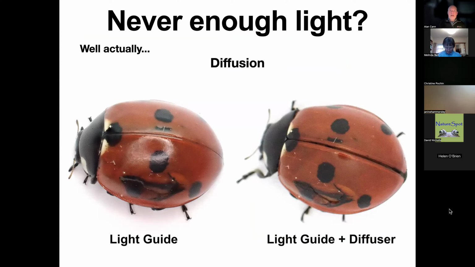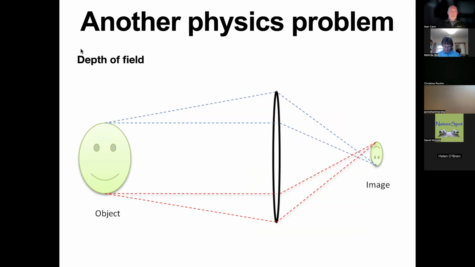Okay, so we need to go back to the physics again. We've got another physics problem, and that is depth of field. As our object gets closer and closer to the lens, so when we get into the macro photography domain, we bend the light further and further inside the camera, and that means the depth of field decreases.